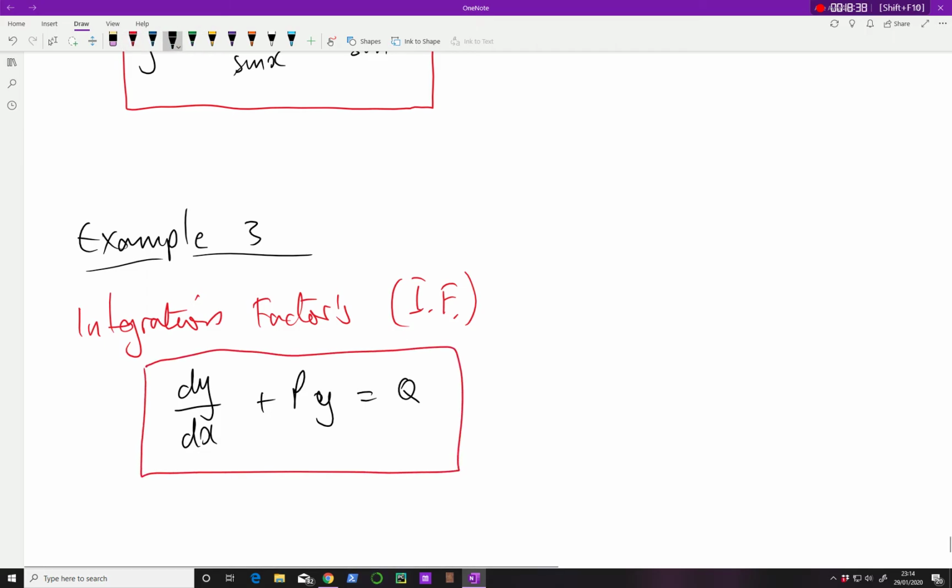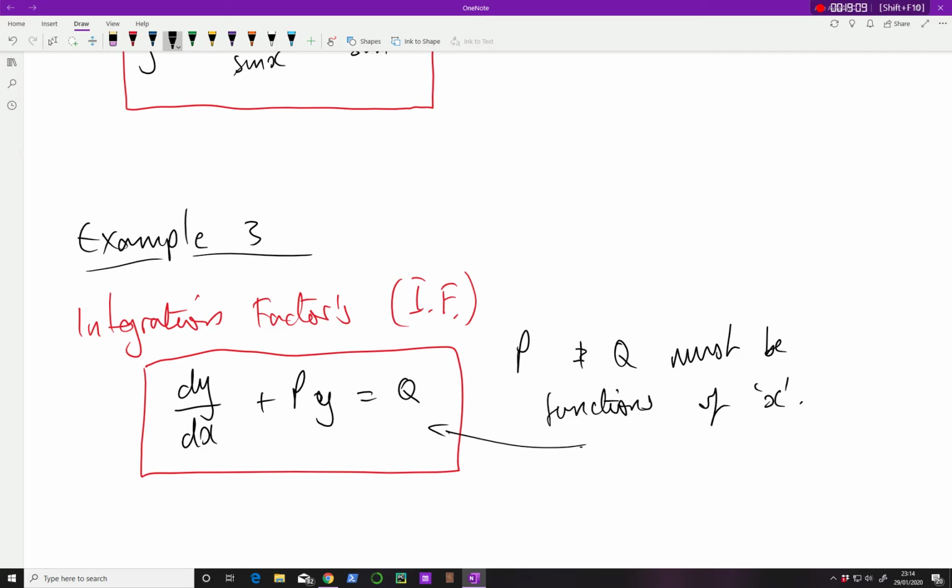Okay, and the caveat is that p and q must be functions of x. So if you rearrange it so that you've got dy over dx plus some function of x equals some function of x, make sure it basically looks like this.